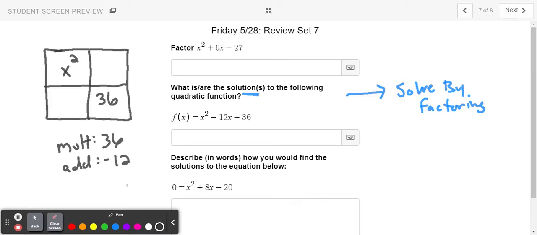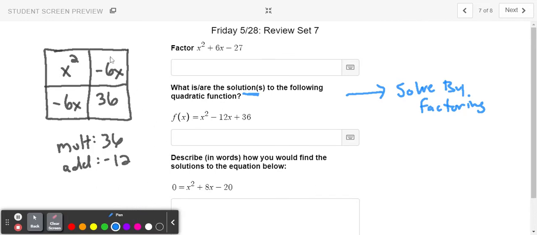Again, guess and check, figure it out. There's lots of ways we talked about how to do this this year. Use a calculator, and you'll find negative 6x and negative 6x. Negative 6 times negative 6 makes 36. Negative 6 plus negative 6 makes negative 12.